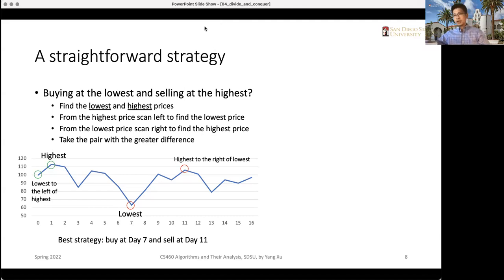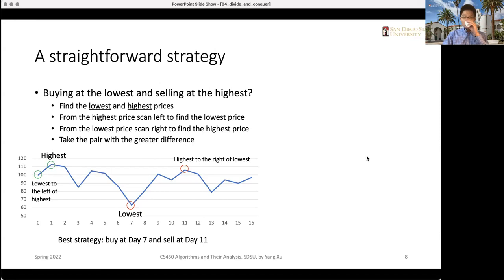It makes sense, and it's not hard to implement. All we need to do is to find the global highest point and lowest point, work on each case respectively, and then compare the final differences, right?